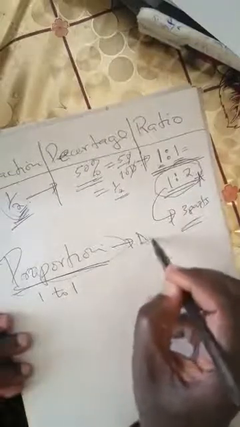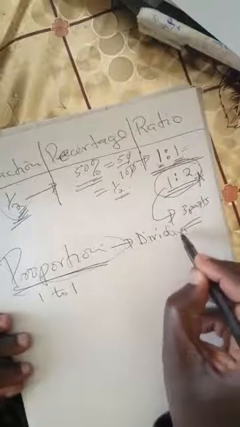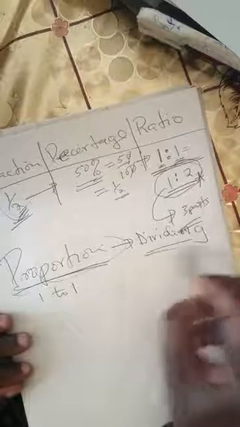Proportioning means dividing, and that's how it is related to ratio. You divide in the ratio, proportion something, or proportioning.